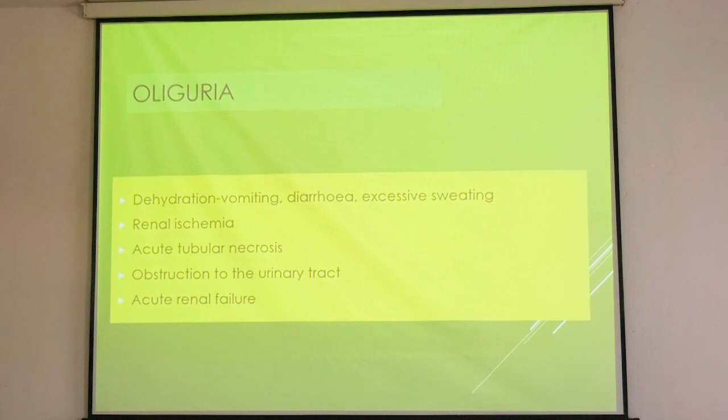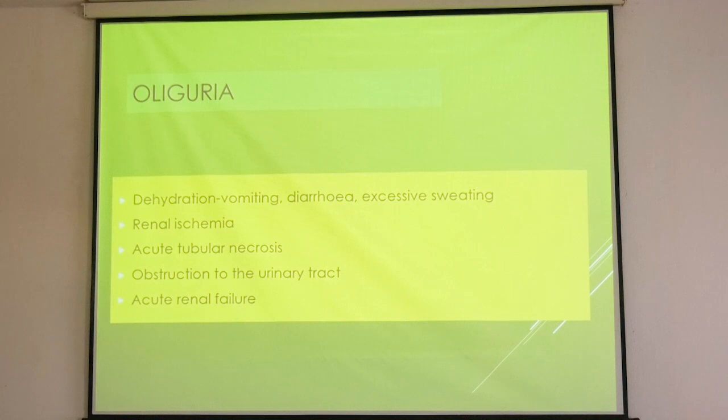I said that the ureter is coming out from the kidney. It is coming into the urinary bladder, and from the urinary bladder the urethra brings the urine out of our body. At the lower part of the urinary bladder, if you see the picture, there is a structure called the prostate.